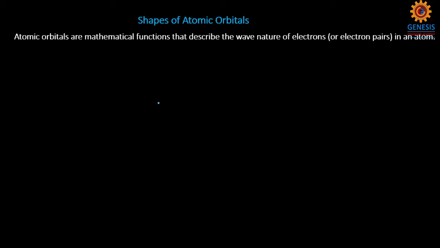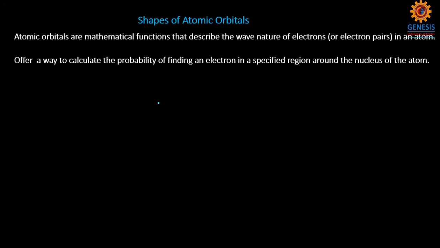This is a mathematical function and offers a way to calculate the probability of finding an electron in a specified region around the nucleus of the atom. So it calculates where the electron is exactly located.